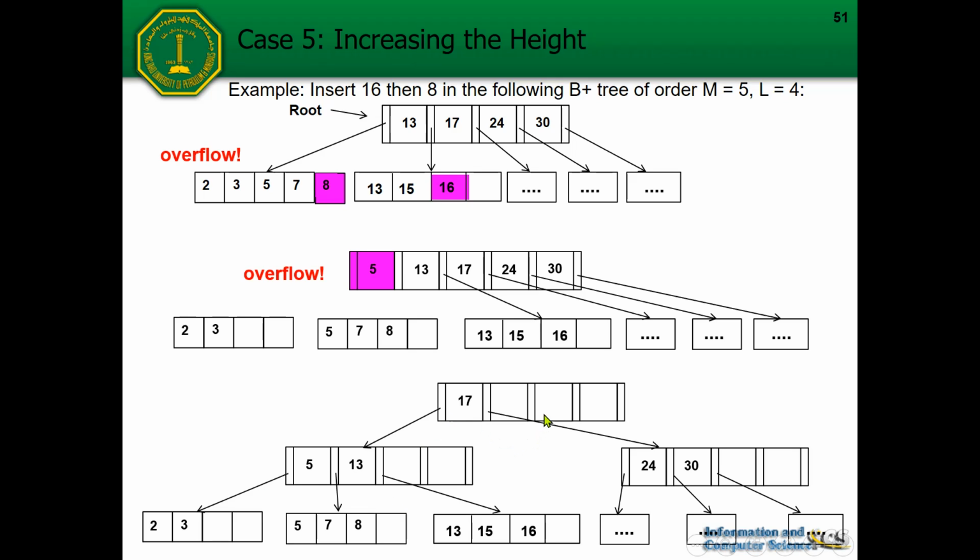So the minimum number of keys should be 2. But listen everyone, this is not an internal node, this is the root. So you know that even in the B3, the minimum number of keys for the root is 1, and the maximum is M minus 1, right? That's why this doesn't violate any rule for the B and B plus 3.